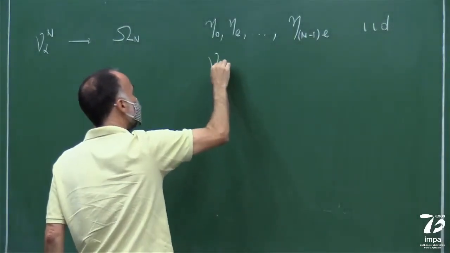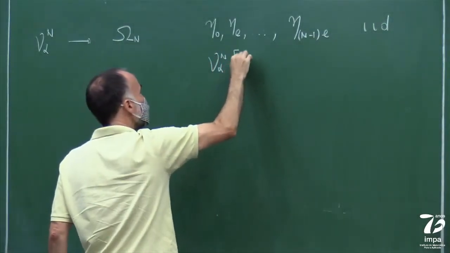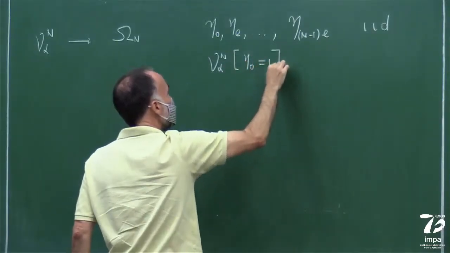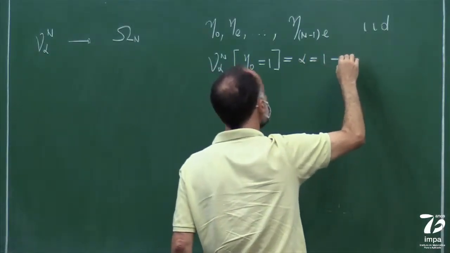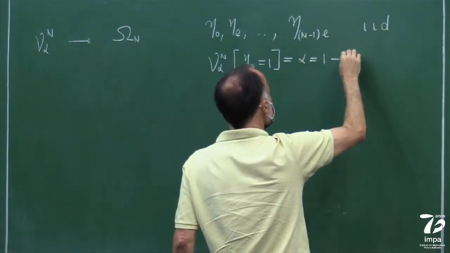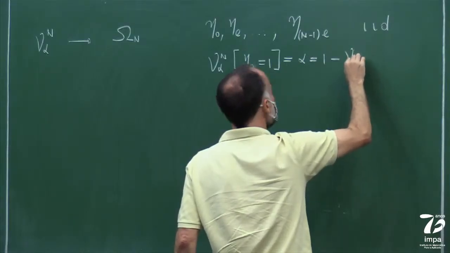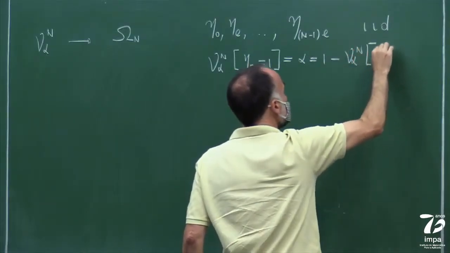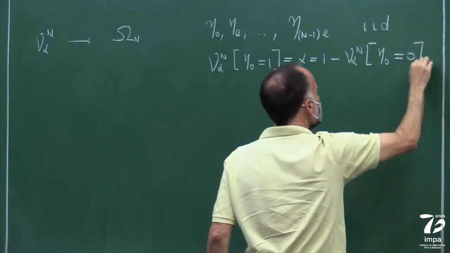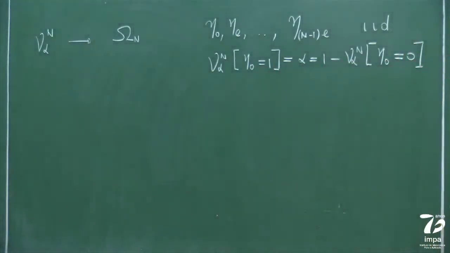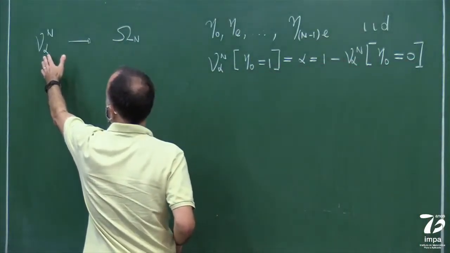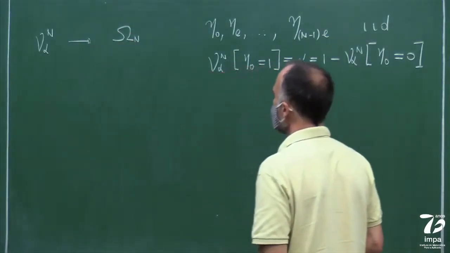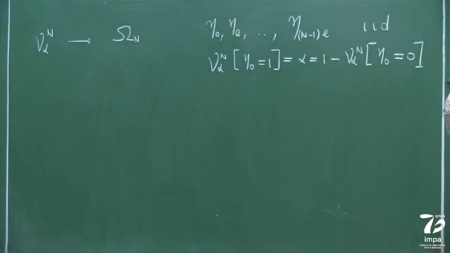And the distribution is that the probability that I place a particle is alpha, which is equal to 1 minus the probability that I leave it empty. Right? So this is a new object, a probability measure on this space, characterized by these two properties.